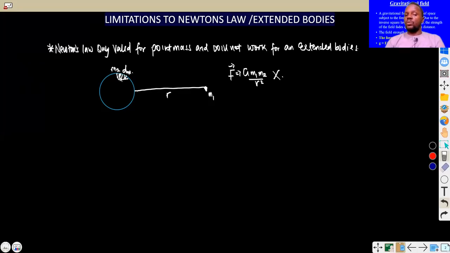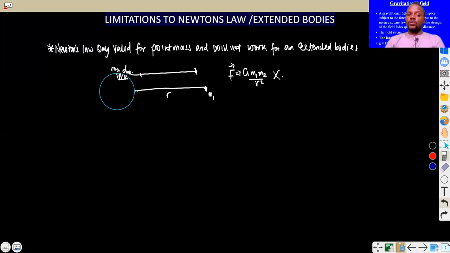Whenever we have an extended body, what we do is we take that extended body, then we take an elemental part of that extended body. For this elemental part, we take a distance of separation from the elemental part to the point mass, because it is normal that there will be a force of attraction that will attract itself towards the direction of the point mass.